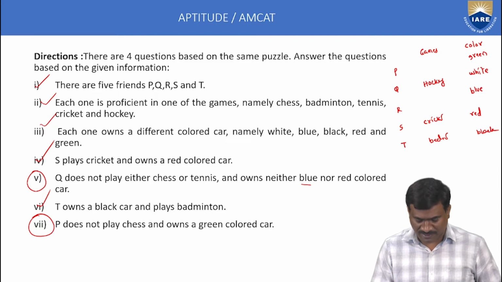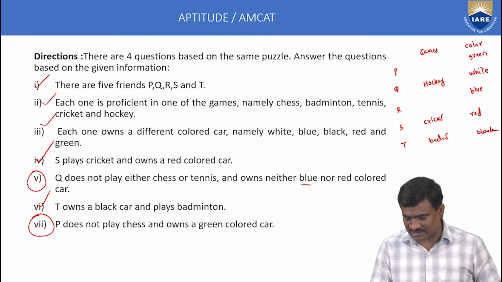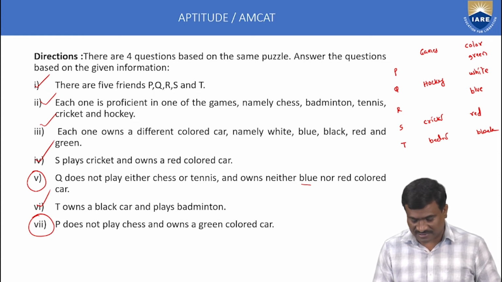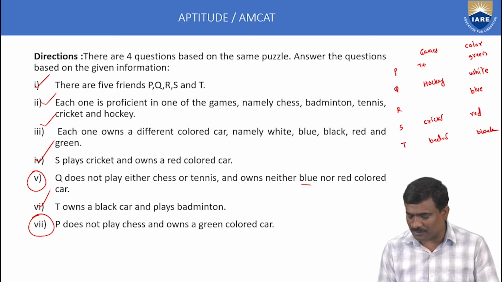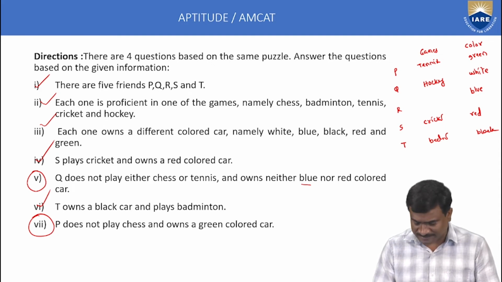Next statement: P does not play chess. The remaining game possible is tennis only. Then P game is only tennis. Only one game is still pending.